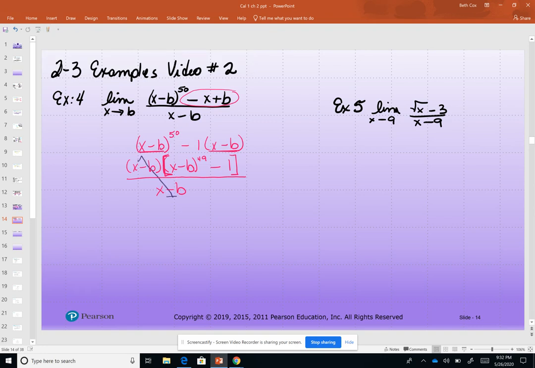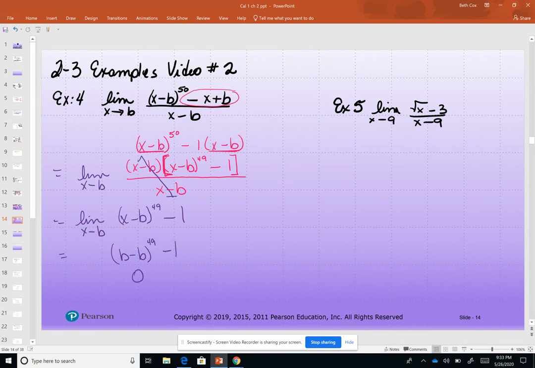That's going to cancel out. And so my simplified function is that. And so now I want to do the limit as x goes to b of that. And so that's going to give me b minus b to the 49th power minus 1.